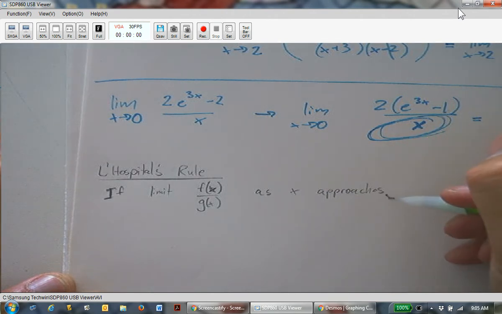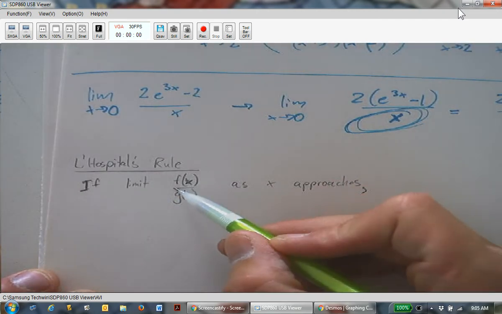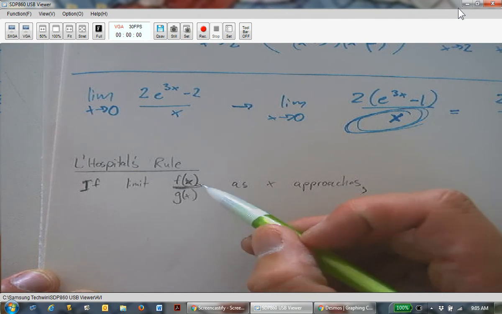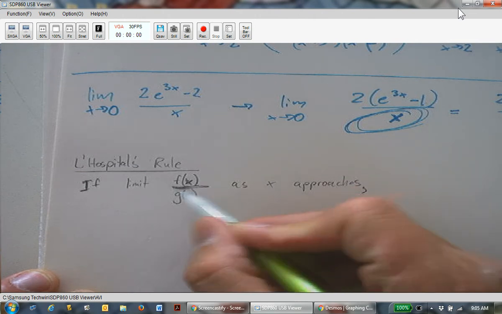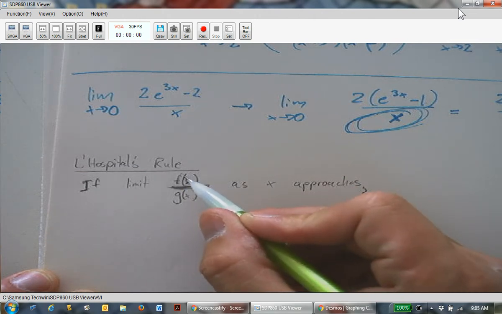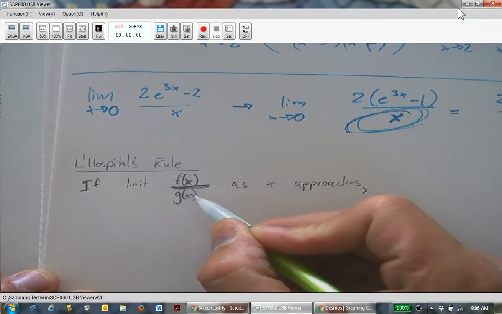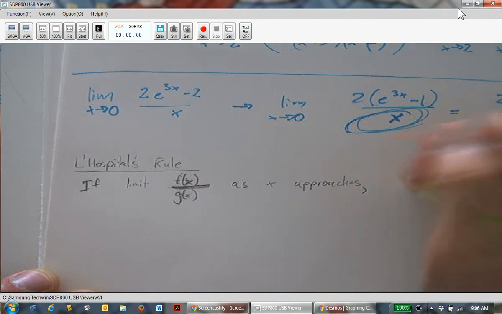All right. So here's the definition of L'Hopital's rule. If the limit has 2 terms in such a way that they're almost differentiable equations stacked on top of each other, right? Like there's a differentiable expression in the numerator as well as a separate differentiable expression in the denominator, as x approaches some number c. We're talking about a limit now.